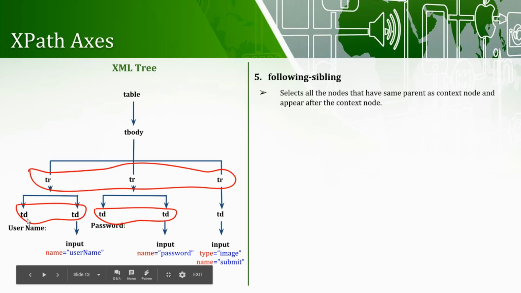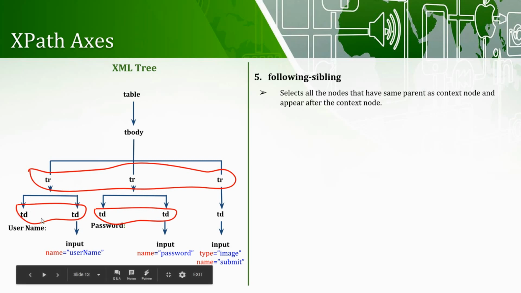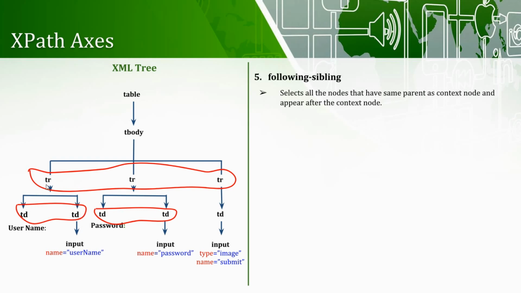However, TD1 and TD3 are not siblings because they have two different parents, TR1 and TR2 respectively. So if I say following-sibling of TD1, my output will be TD2 because TD2 has the same parent as TD1, that is TR1, and it appears after TD1. However, TD3, 4, 5 will not be the output because they belong to a different parent.